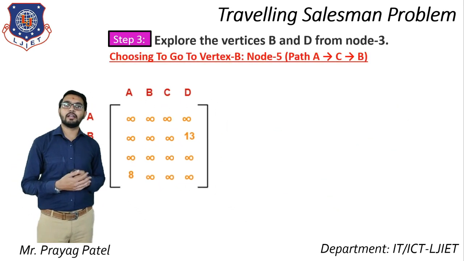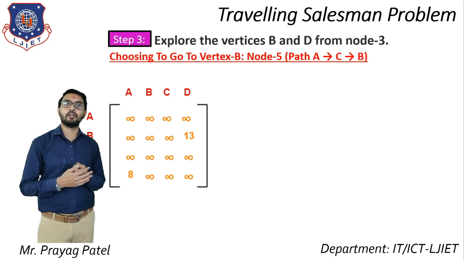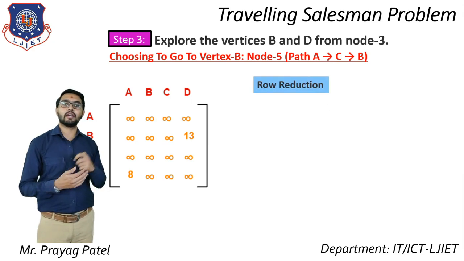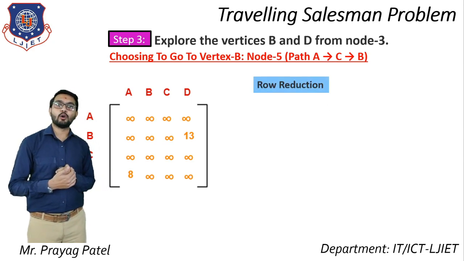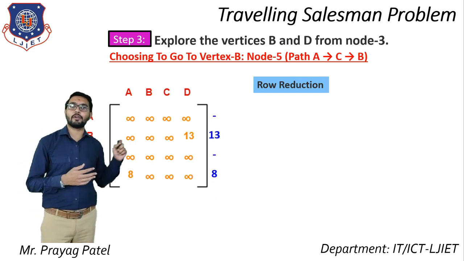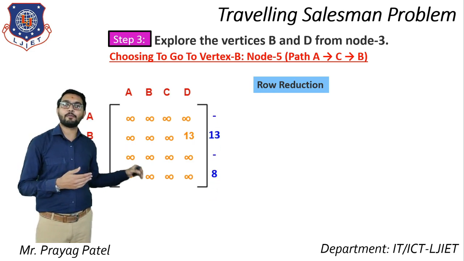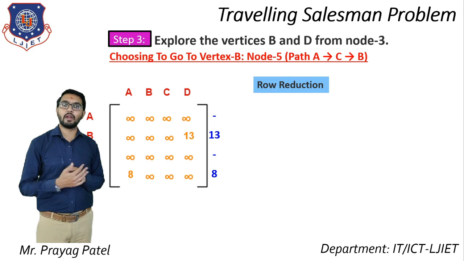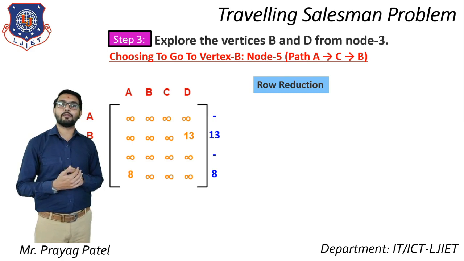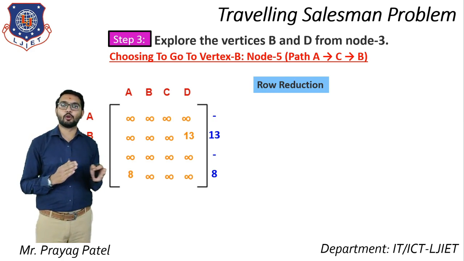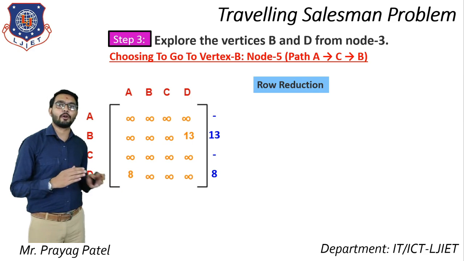Now consider this matrix as your input and perform the row reduction and column reduction operations. First the row reduction: the first row contains 13 and the fourth row contains 8 as the minimum value. So for reduction, you subtract 13 from the B row and subtract 8 from the D row.